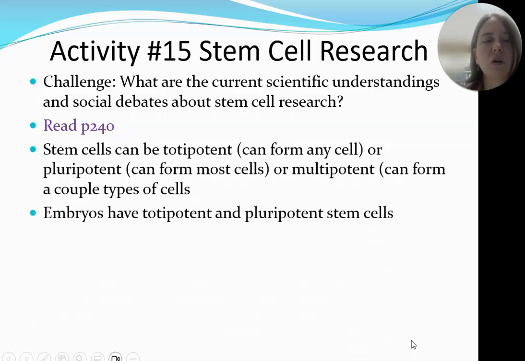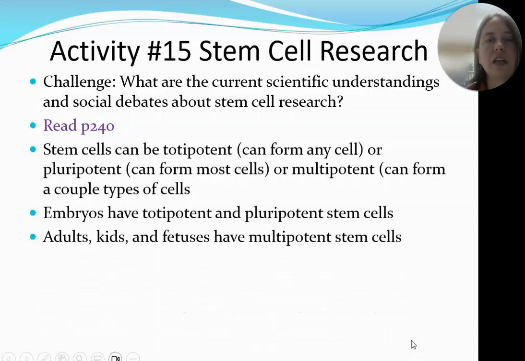So an embryo has totipotent and pluripotent stem cells. So an embryo has some cells, at some stages of the embryo, that can form any other type of cell. And then at some stages of the embryo, the pluripotent cells turn off some of their potential and can only form some of them.